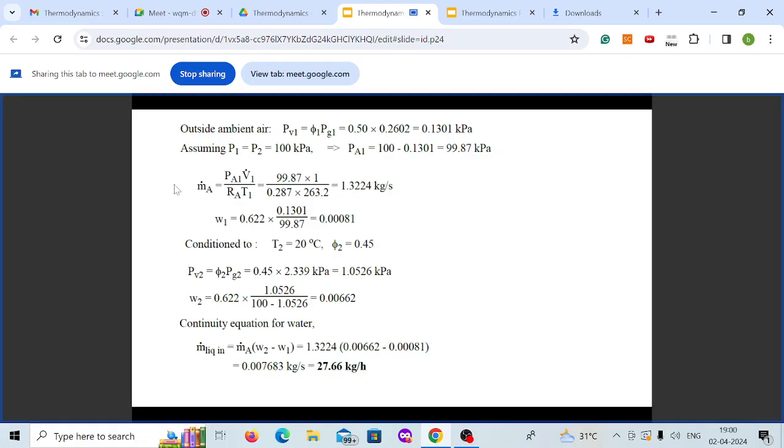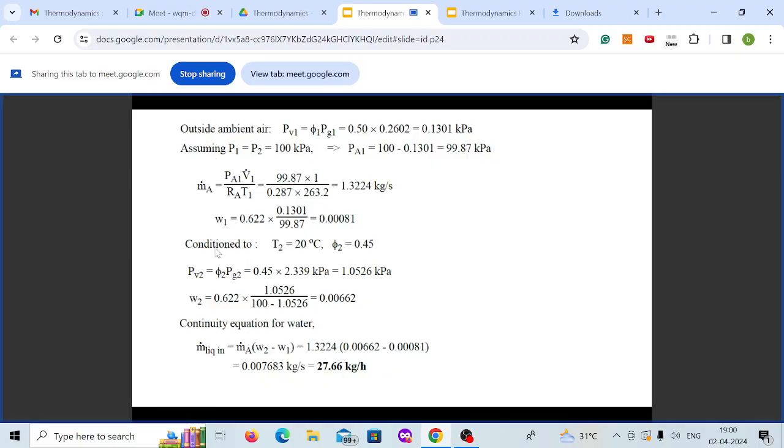This gives you a mass of dry air of 1.3224 kg per second. Then we can also find the specific humidity with the pressures calculated: 0.622 times the partial pressure of water vapor divided by the partial pressure of dry air. Both pressures are known, so substituting that, we get 0.0081 kg of water vapor per kg of dry air.